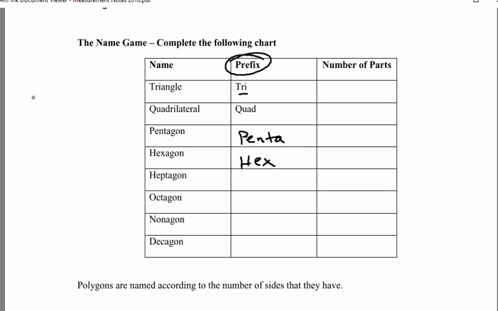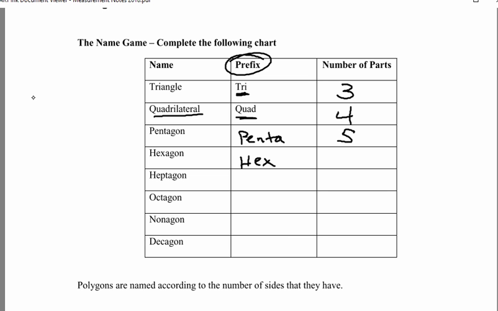So a triangle has a prefix of tri, because there's three parts to it. Like a triangle, three sides, three angles. A quadrilateral, and there's a lot of different quadrilaterals, but quad meaning four sides to it. There's squares and rectangles. Those are all forms of a quadrilateral.